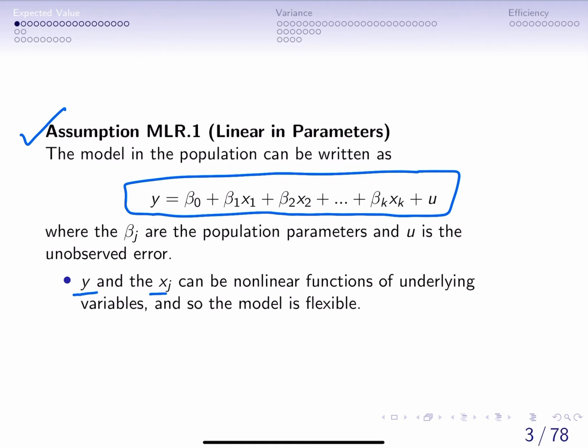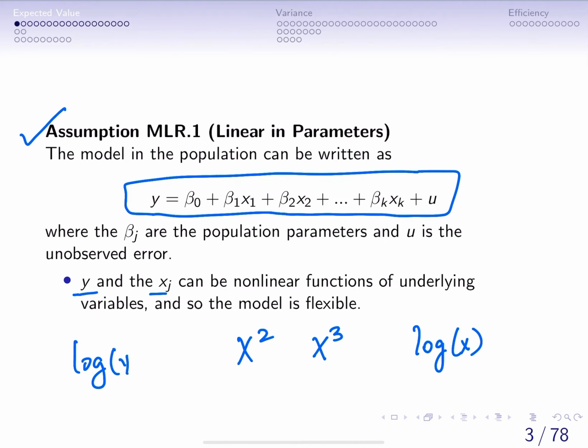So you could have terms like x squared or x cubed or log of x in your regression, or log of y in your regression. Okay, so that way the model is very flexible. However, the parameters that we talk about, these beta naughts and beta ones through beta k, these are just linear functions of x and y.